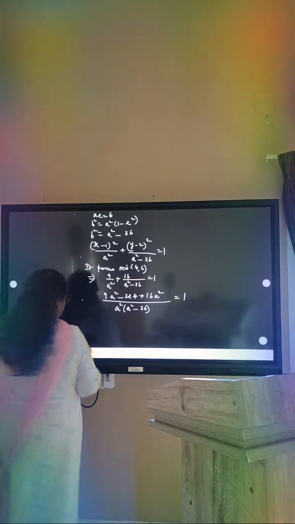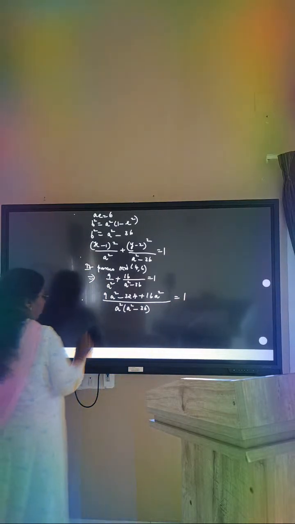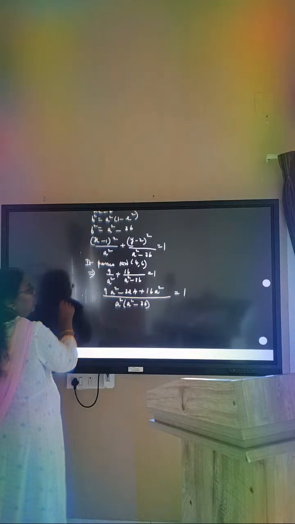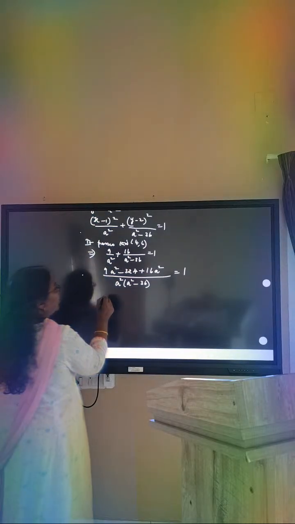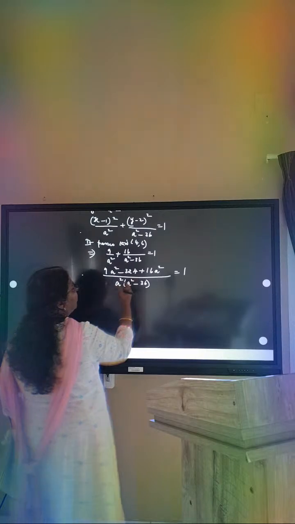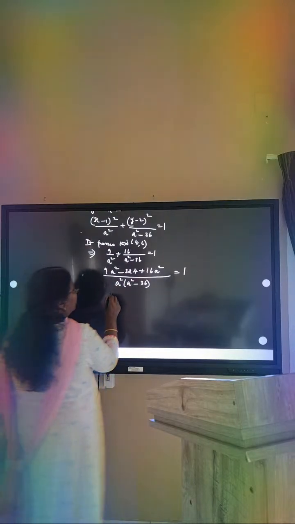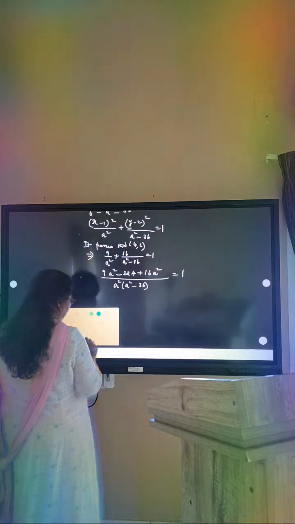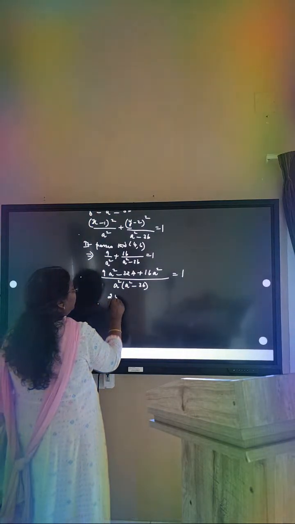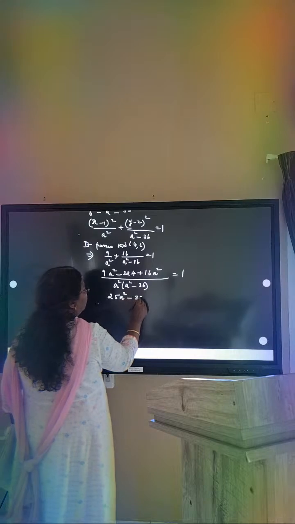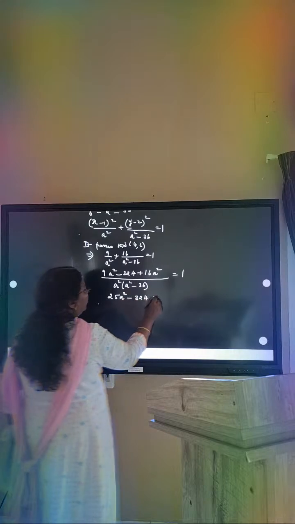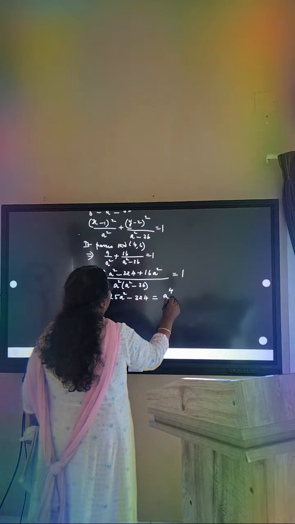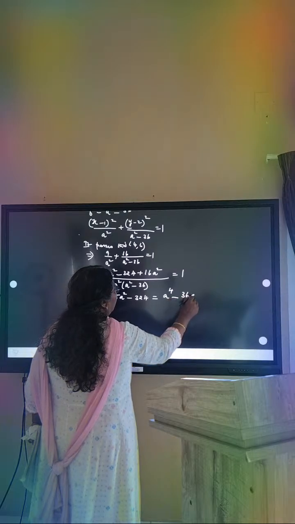Again cross multiplying, you have 9a squared plus 16a squared, that is 25a squared, right? And therefore you will get 25a squared minus 324 is equal to a to the power 4 minus 36a squared.